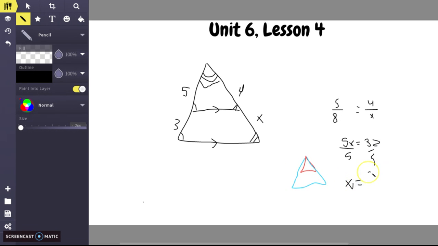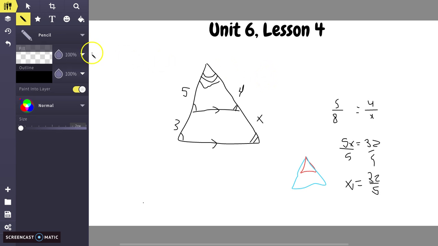Let's just say x equals 32 over 5. That is how you would solve. So, does that make sense? I mean, you can't say anything, obviously, but think in your mind. Does that make sense? Hopefully it does, because that's all you need to know.